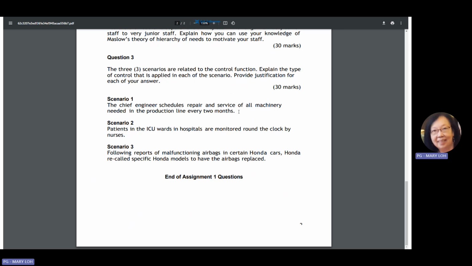And finally, for the feedback control, feedback is after something has happened. Okay, so feedback control is for scenario 3, only when they have malfunctioning of the airbags, did Toyota, Honda actually recall, because they do not want any lawsuits, customers suing them, for the malfunction of the airbags.